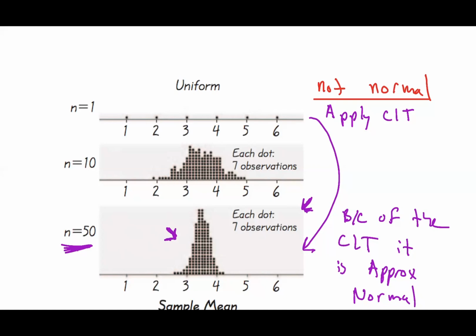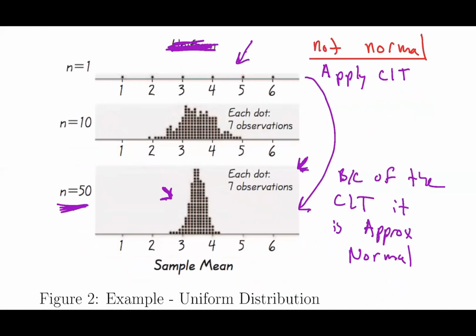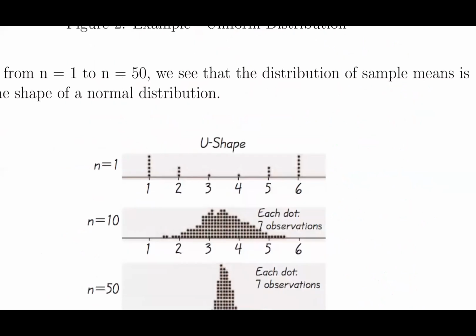Because it is symmetrical. So if I would have given you that uniform, you could still look at this and go, is that symmetrical? And you go, no, it's not symmetrical, so that's why we say it's not normal. Okay, good question. All right, so let's go on to the third drawing.